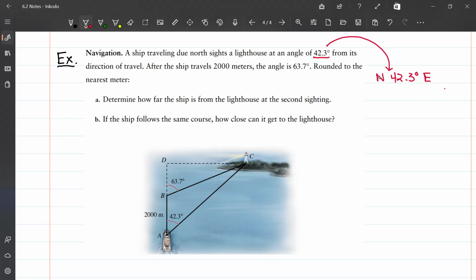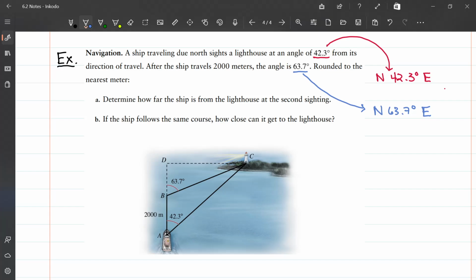We start facing north, we rotate through this angle to the east. Similarly, changing to blue, you'll notice that later on, at the second point B, we started pointing due north, we rotated through an angle to the east again, and this time the angle was 63.7 degrees. So, if we put this in bearing notation, our bearing is north 63.7 degrees east.